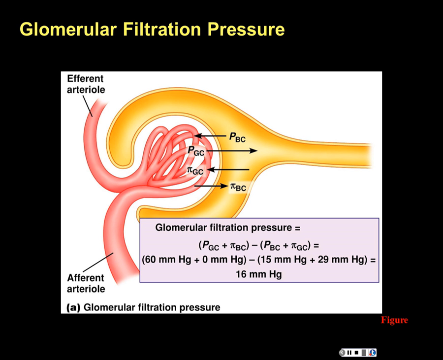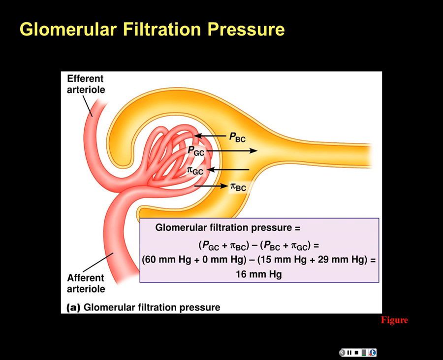Okay. Now, at any other capillary, we learned if we add fluid to the other side, if you will, that causes pressure. So we have high pressure pushing substances out, but we have a physical pressure opposing it. So the outward pressure has to overcome that inward reverse pressure of the fluid that just got filtered out.